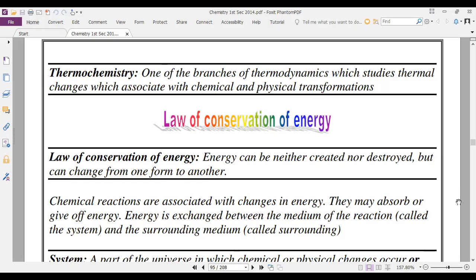Right. What about the law of conservation of energy? Law of conservation of energy, as we studied and explained before, is that energy can be neither created nor destroyed, but can change from one form to another. So what's meant by law of conservation of energy?